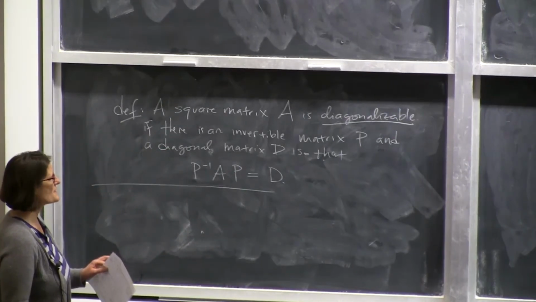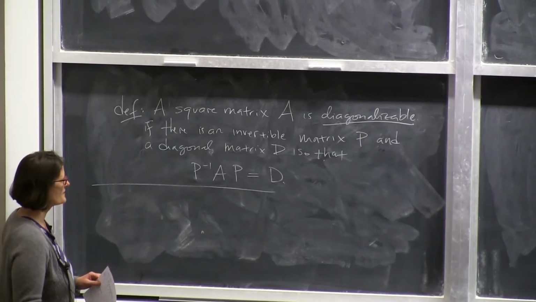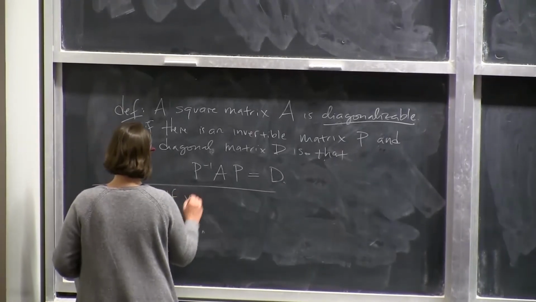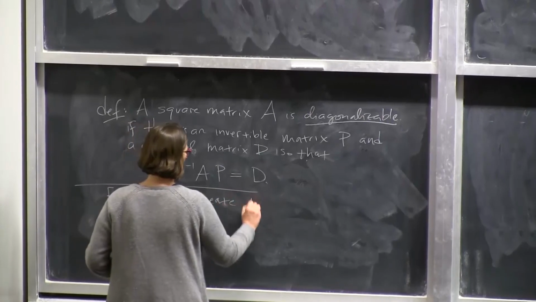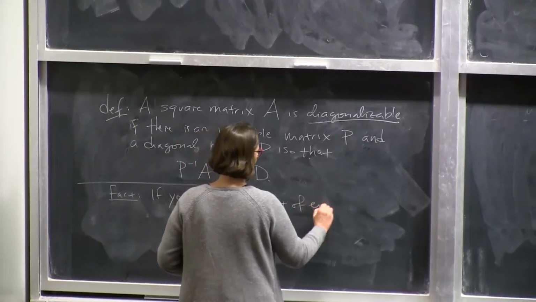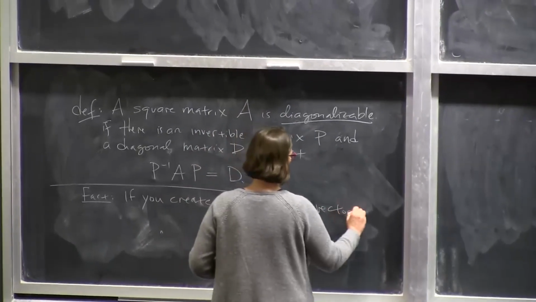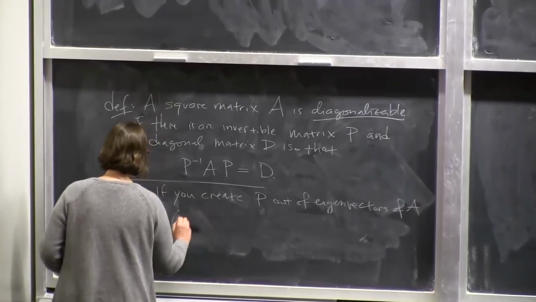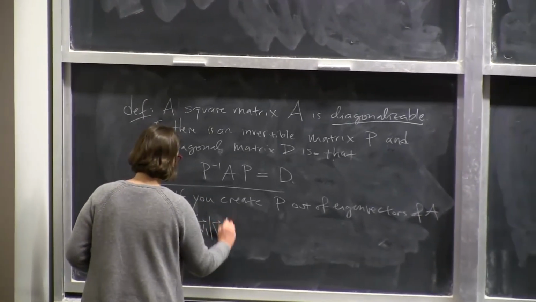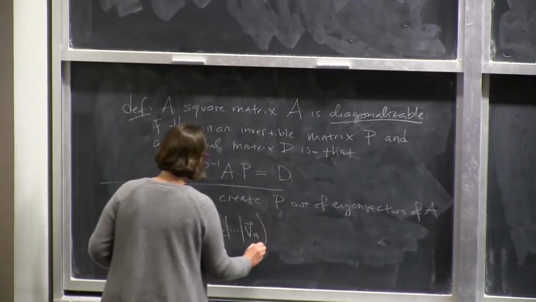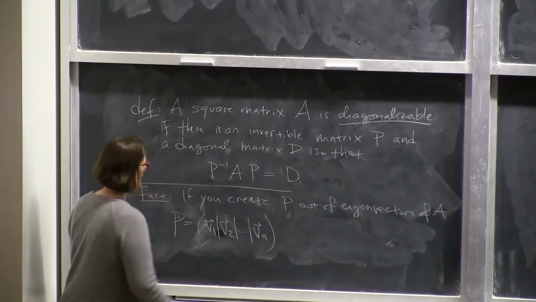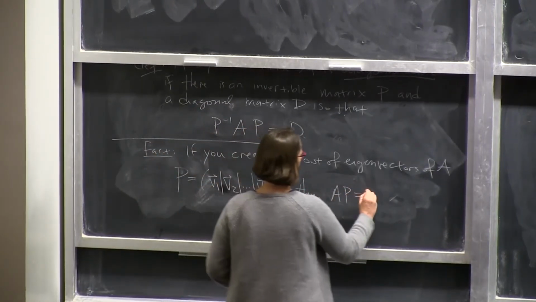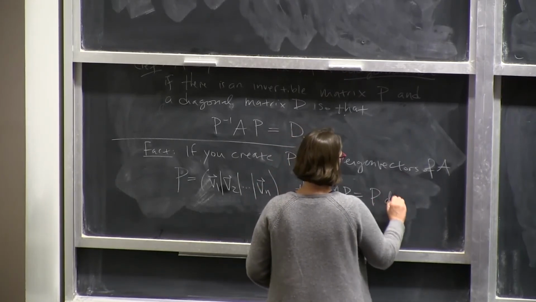And last time we realized that if you create P out of eigenvectors of A, so if you create a matrix P, which is V1, V2, ..., Vn, then A times P is equal to P times a diagonal matrix.